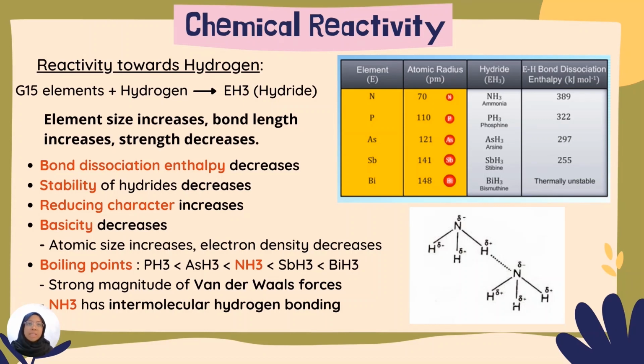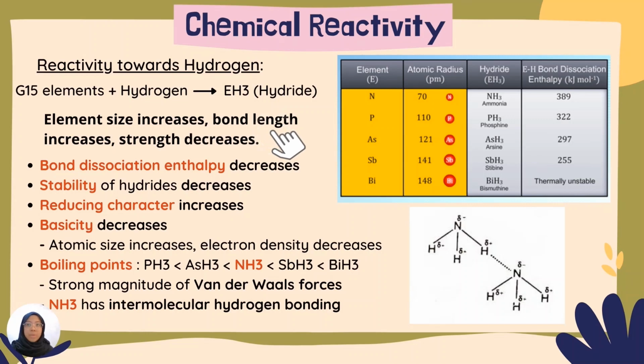As you can see here, the atomic size increases going down the group. When element size increases, this will cause the bond length between the central atom, which is the group 15 element, and hydrogen to increase. Thus, the bond strength decreases because it is much easier to break the bond.